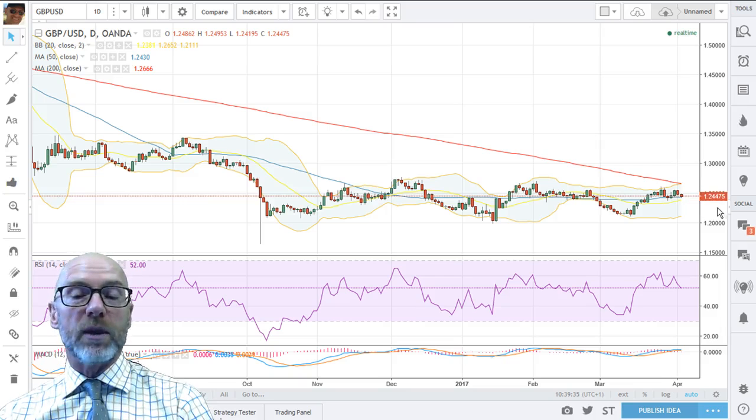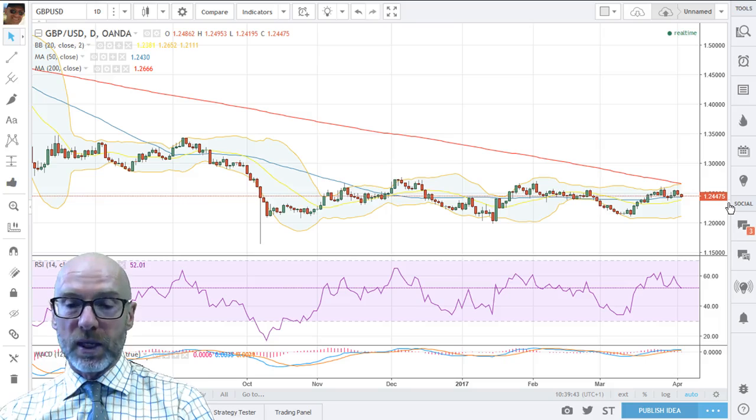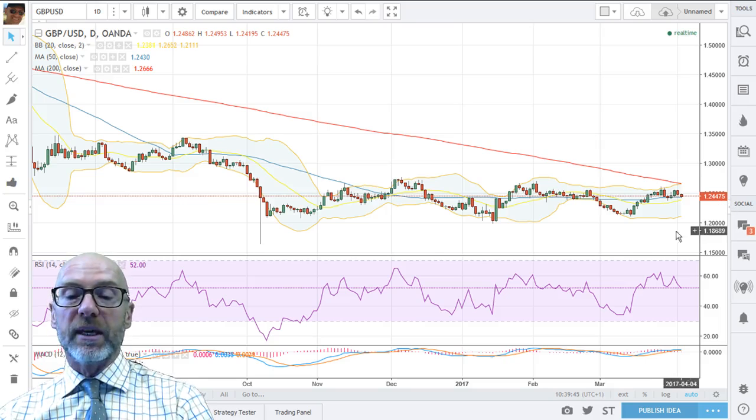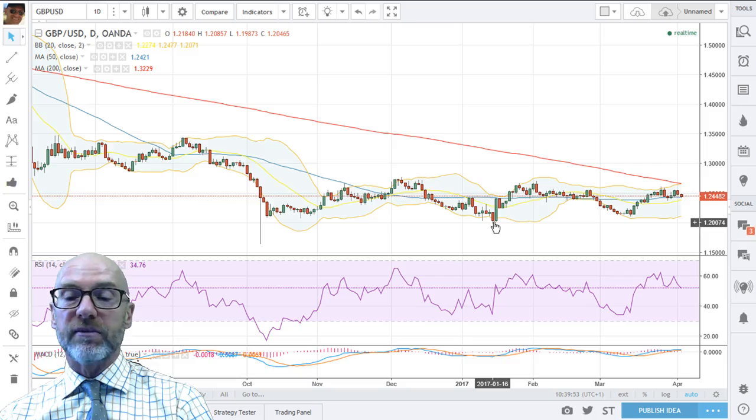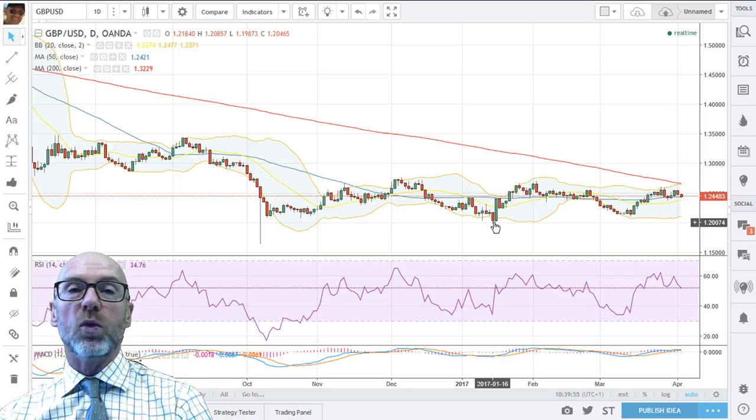Immediately below there we've got the yellow line, which is the 20-day moving average. That's giving support at the 123.81 level. Below there you're looking at where the trend has been before, so you're looking at support at 121, and then over here from the lows of 16th of January, 120.01.